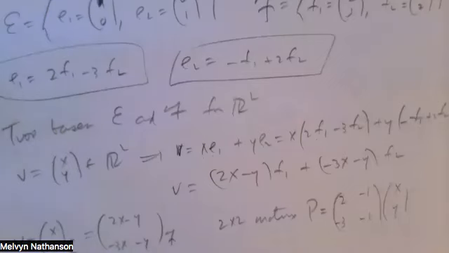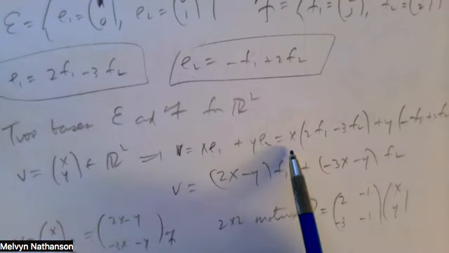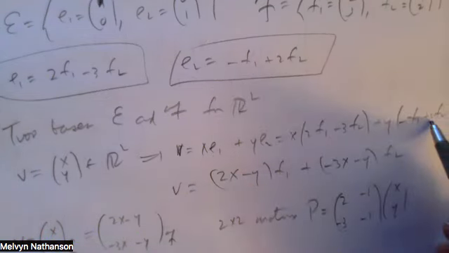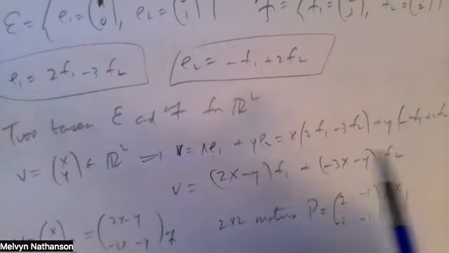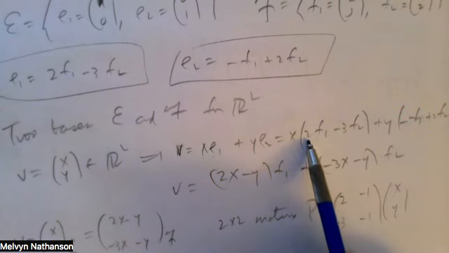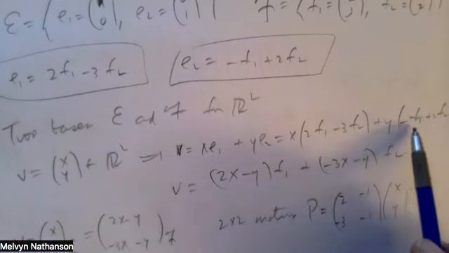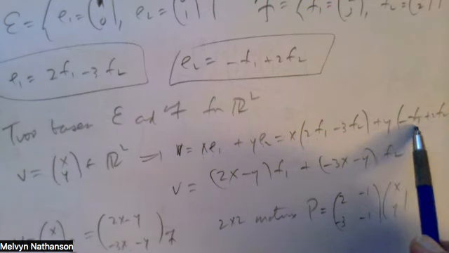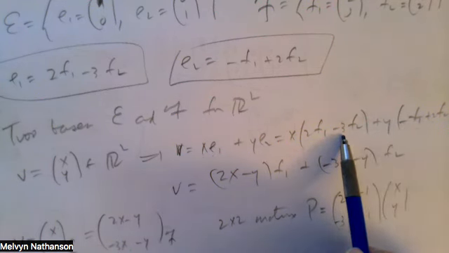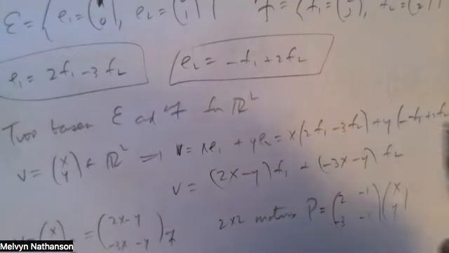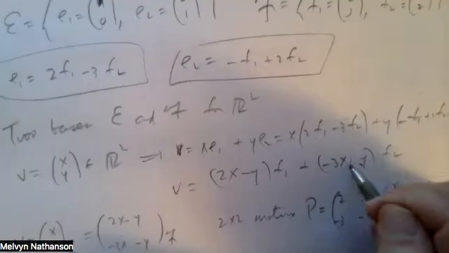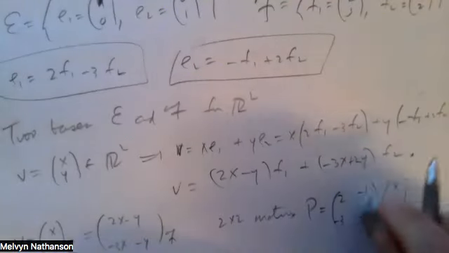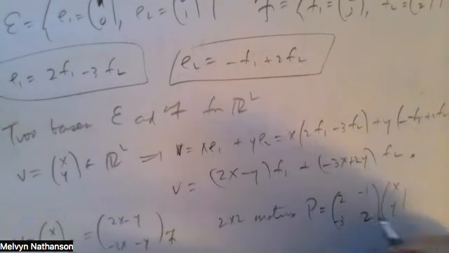Let's see whether this is correct. This is 2x plus minus y f1, minus 3x plus 2y f2.